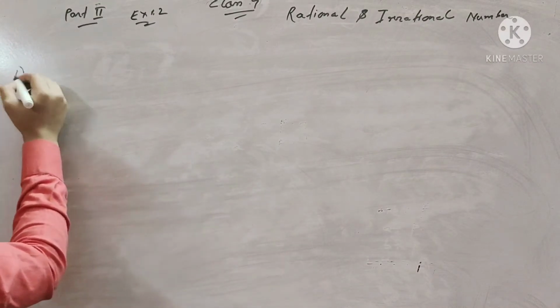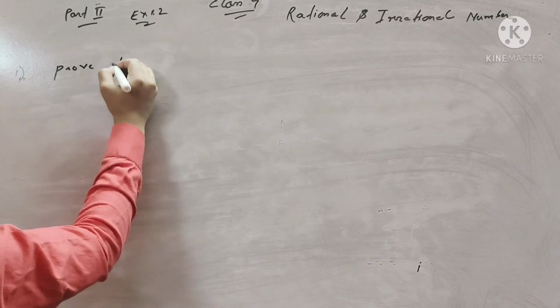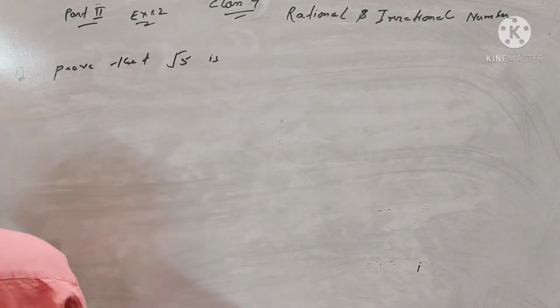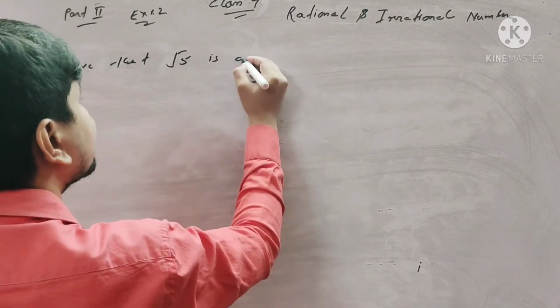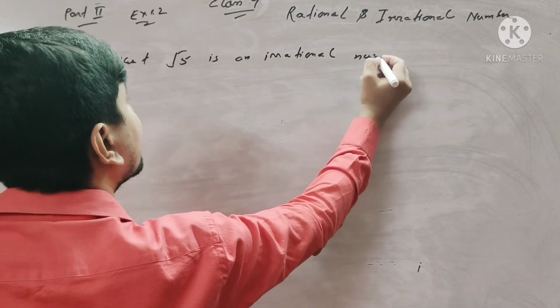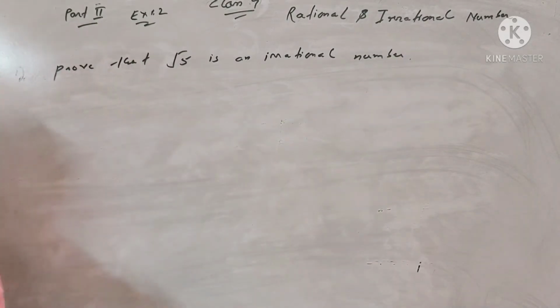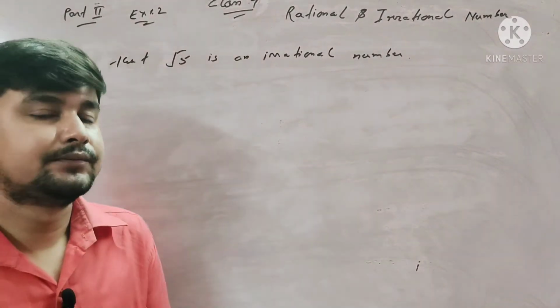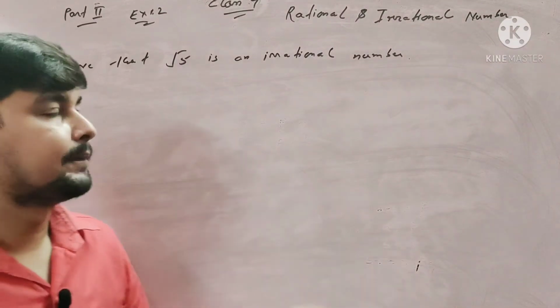So our first question is: prove that root 5 is an irrational number. How do you prove that?